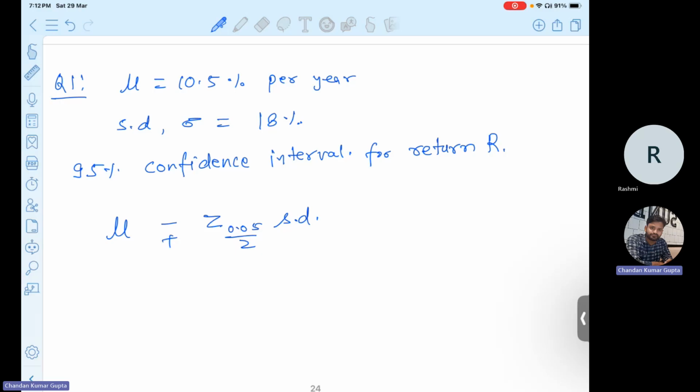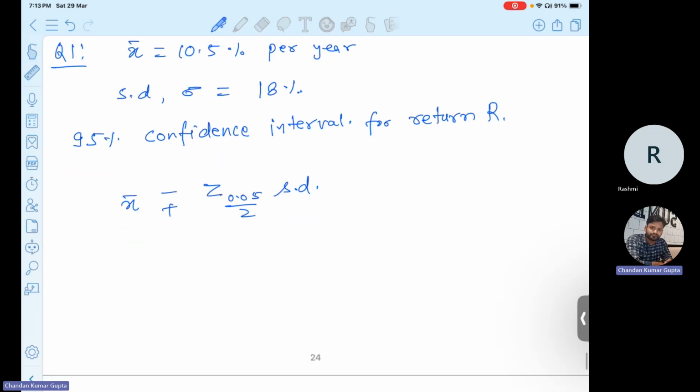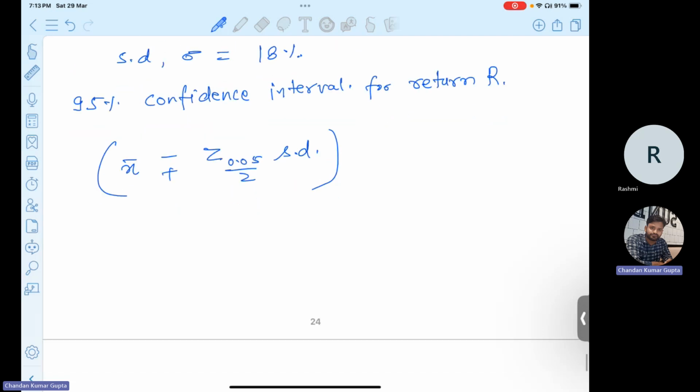Actually, not mu here, we need to write x bar. This is how the confidence interval is calculated. Minus is for the lower limit and plus is for the upper limit.